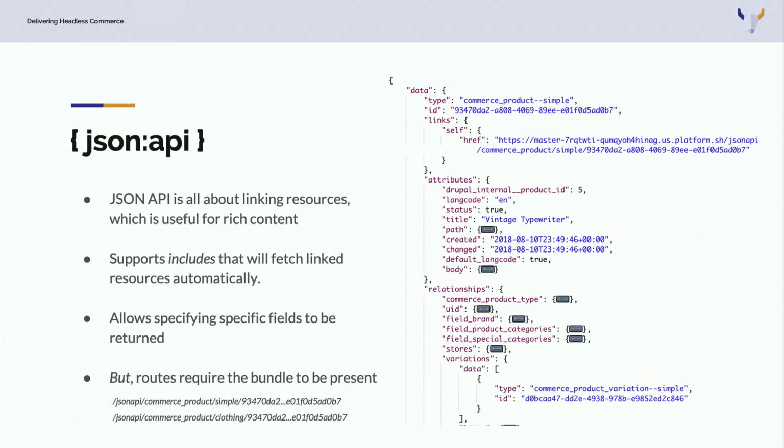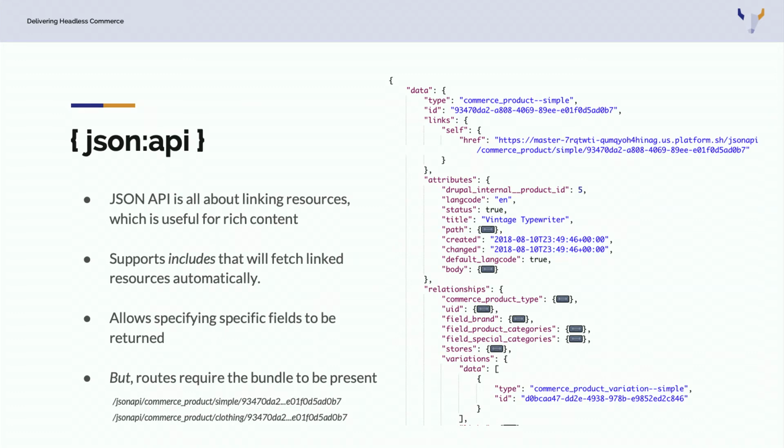If you say, I want this product, and include the brand, the categories, the variations, the stores, it was like 50 kilobytes of JSON data. But once you do a proper filter, it was down to 6. That's because it has all the metadata in it, like the created and changed timestamp, the default langcode. It would be nice if those were automatically excluded, which will be coming down the pipeline. But once you tell it to exclude those because they're not necessary, it's a much more reasonable payload to work with.